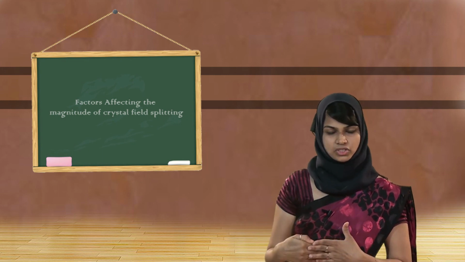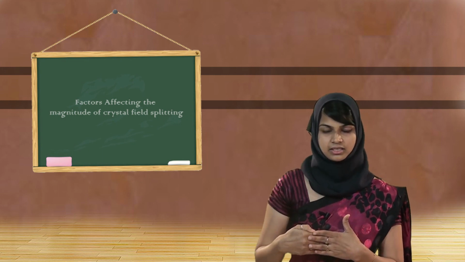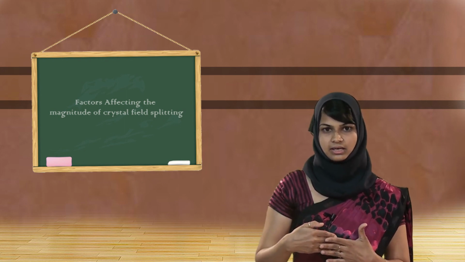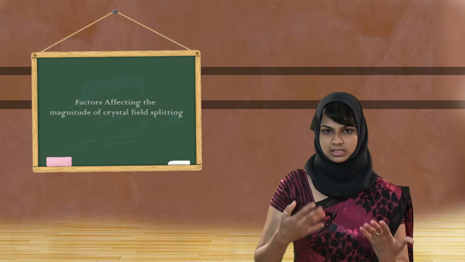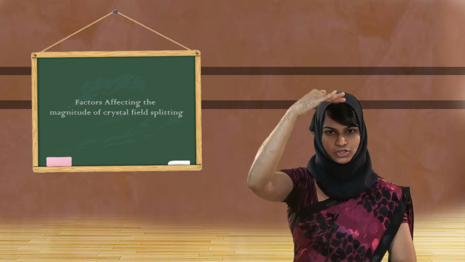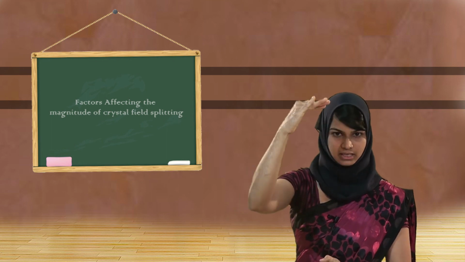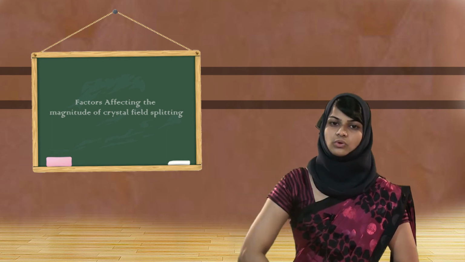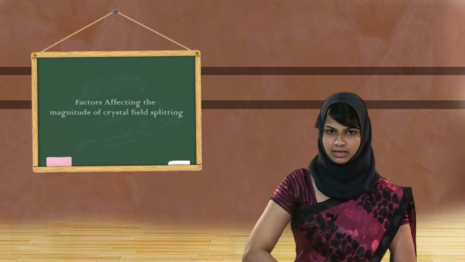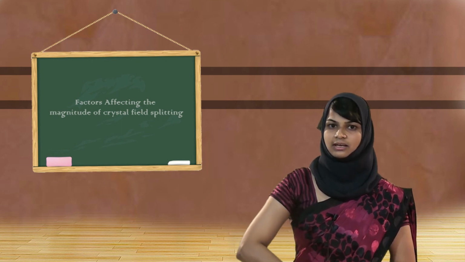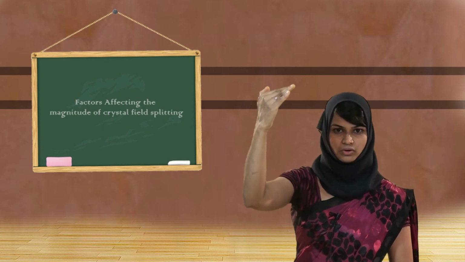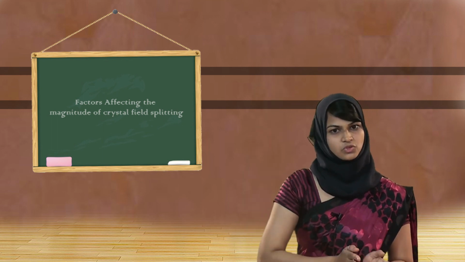But in octahedral, the crystal field splitting is much more and the gap is very high, and therefore electrons located in the lower orbital cannot jump to the higher energy orbital, and they remain paired in the ground state itself.